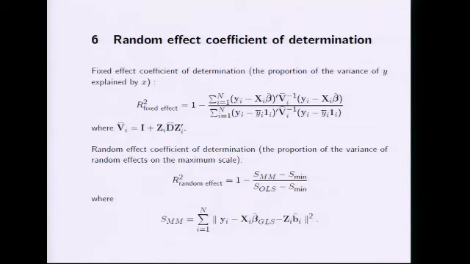To find how strong the random effects are, I suggest using this coefficient. In this coefficient, you measure the strength of your random effects on the scale of the maximum value of the random effect. The maximum value of the random effect, so actually there is no random effect if you simply assume that the b_i's are fixed parameters. Then your sum of squares is minimum.